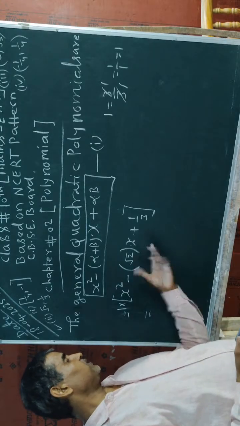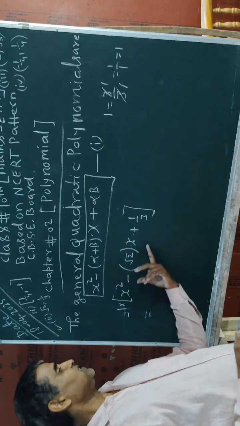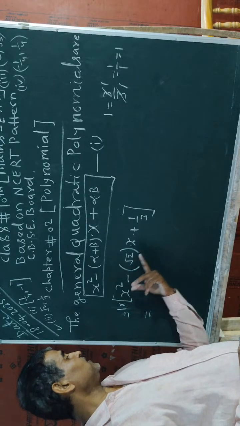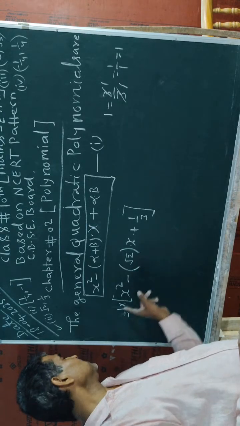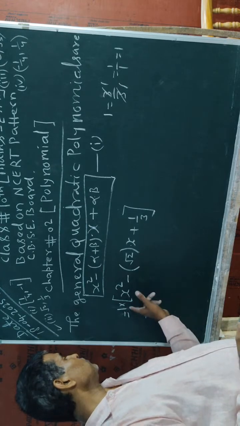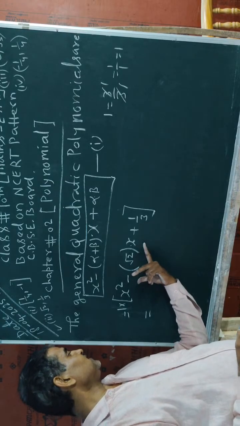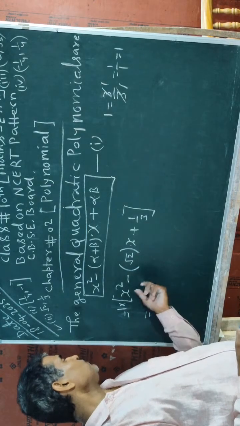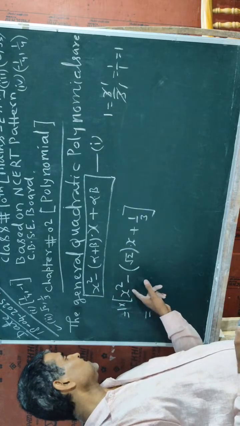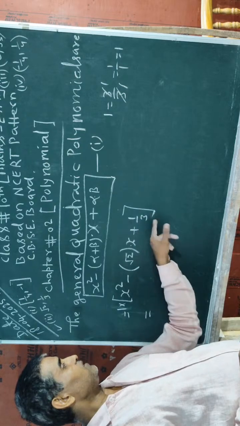If this information is multiplied with 1, I will get the same information, because 1 will not change the expression. After multiplying this expression with 1, I will get the same expression, that is x square minus root 2 into x plus 1 by 3.